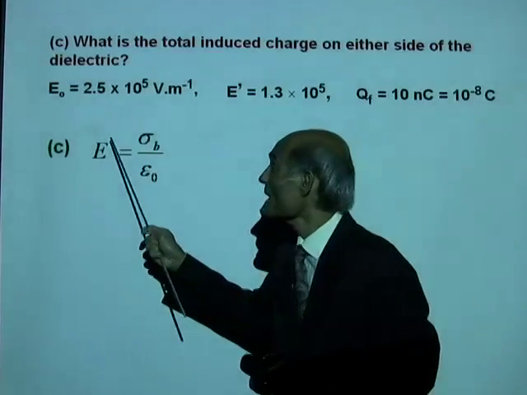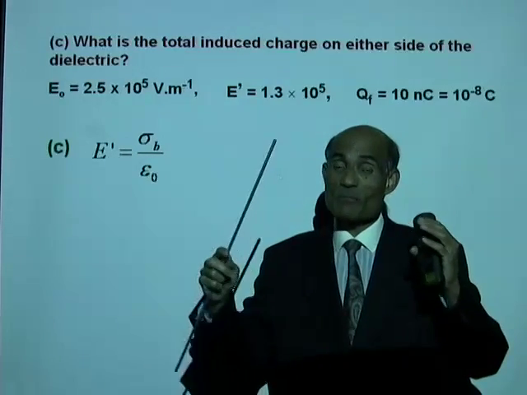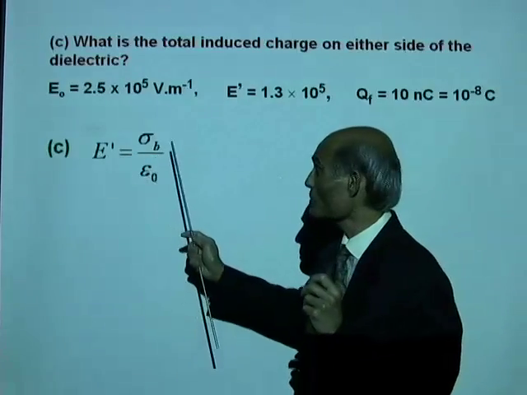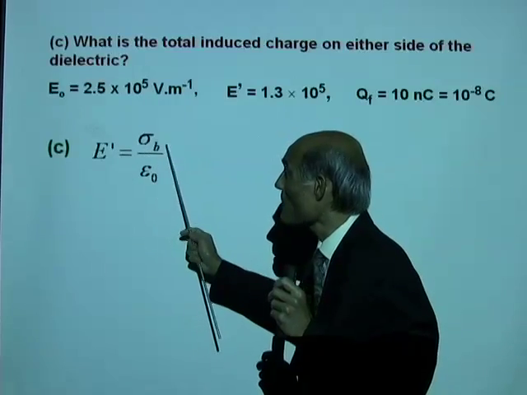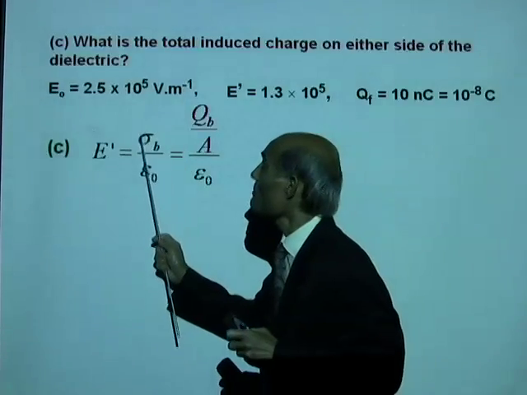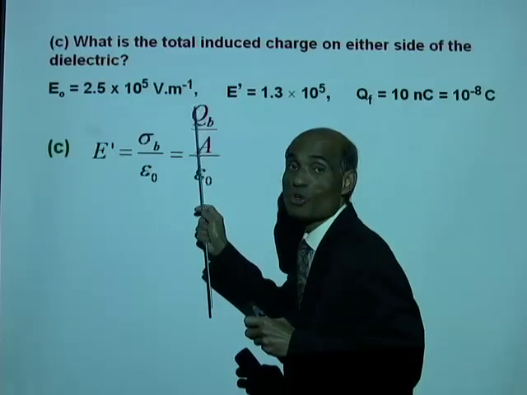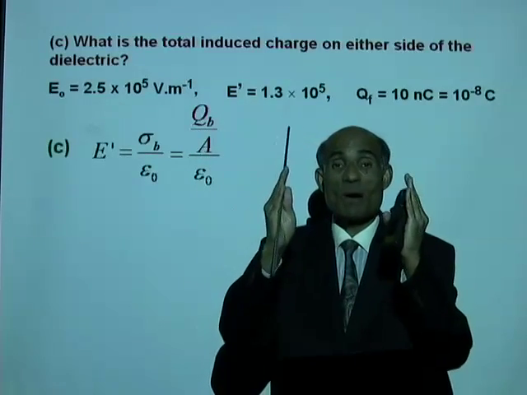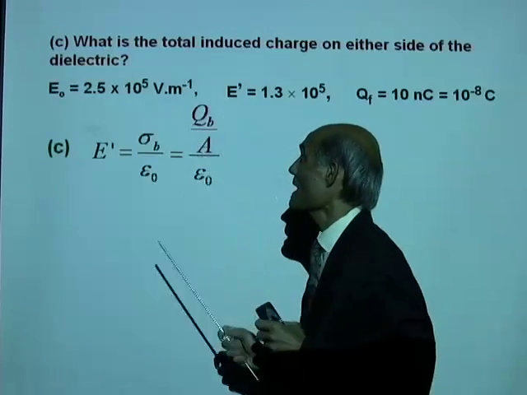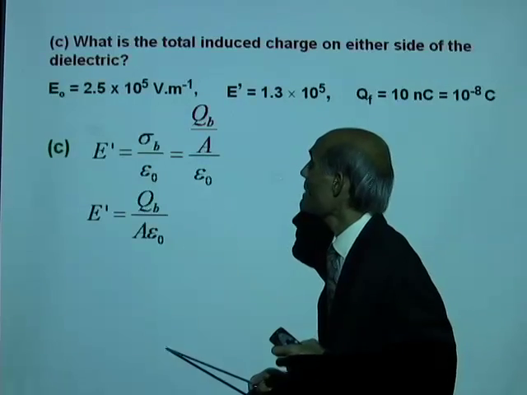Well, we know that E prime equal to sigma B divided by epsilon naught. E prime is the electric field inside the dielectric caused by the bound charges. So E prime equal to the bound charge density divided by epsilon naught, and the bound charge density is the amount of bound charge, that means the amount of induced charge in the dielectric, QB divided by A, over epsilon naught, and that A will come down.